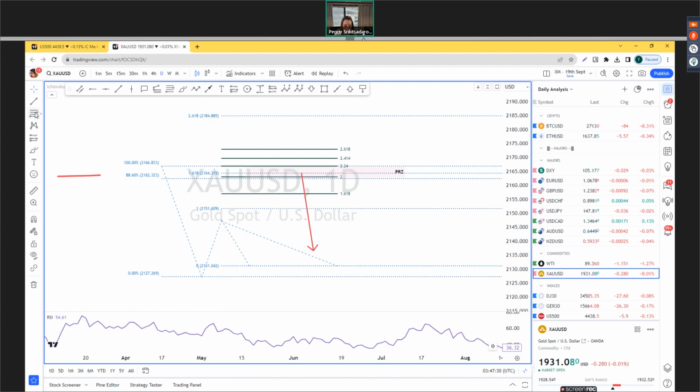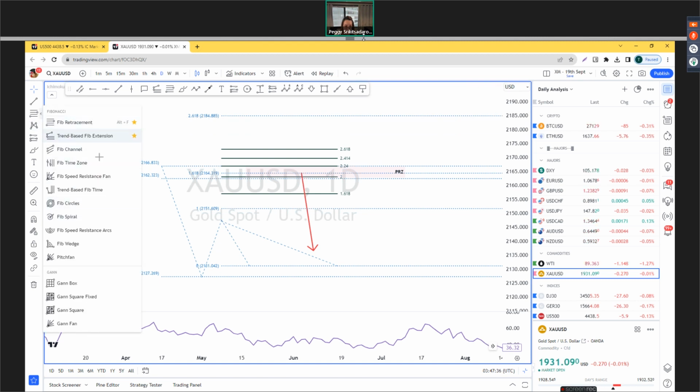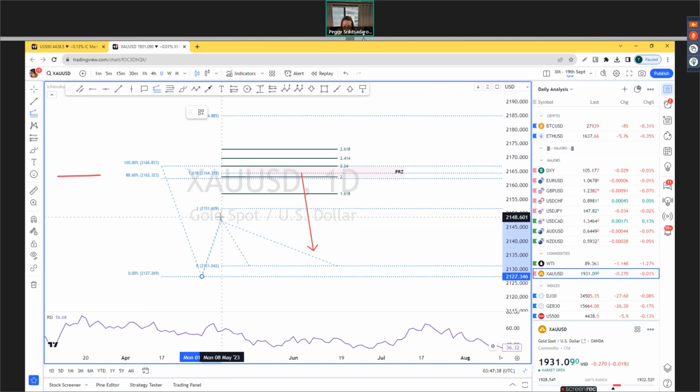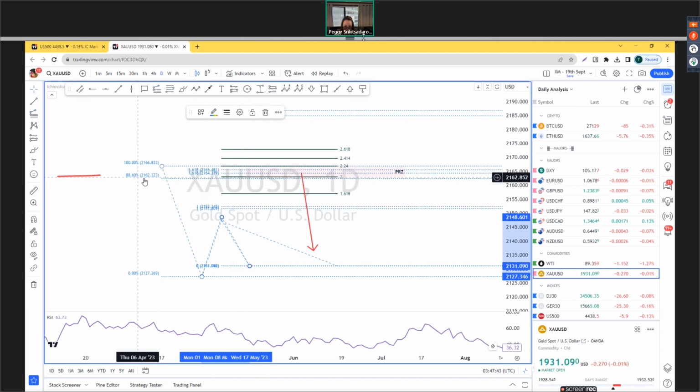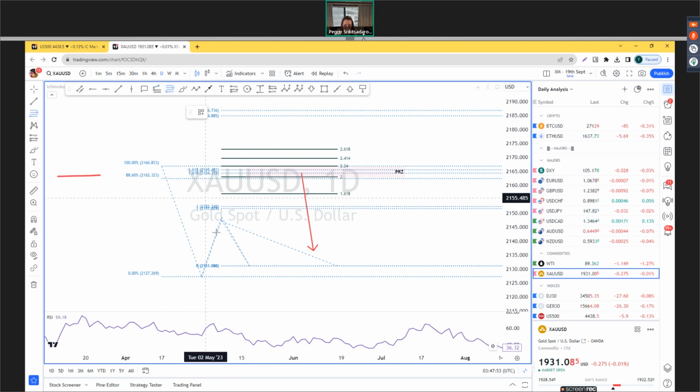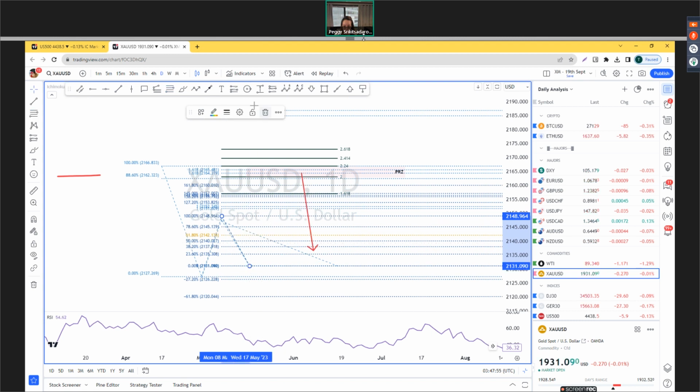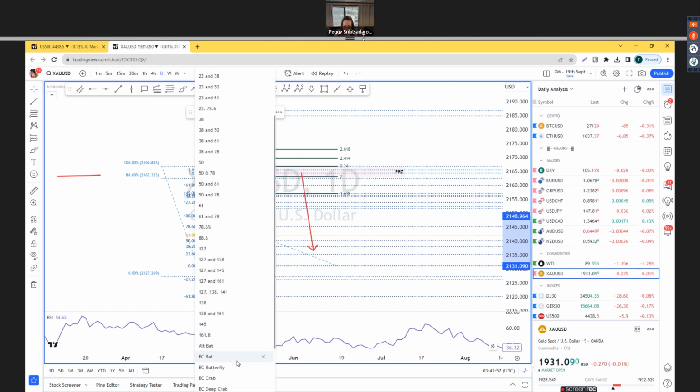Like this point. In this case you can do projection, like you drop the position here to here, and whatever lines up with 88.6%, which is 61.8% here, or we have 161.8% projection, and we also have 200% extension.